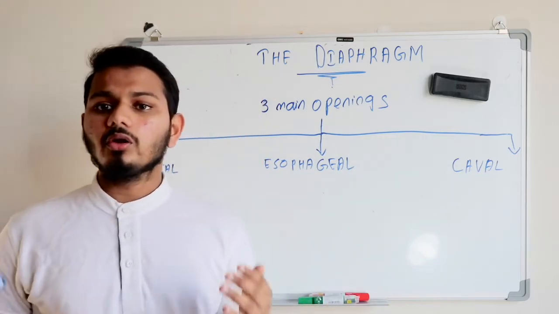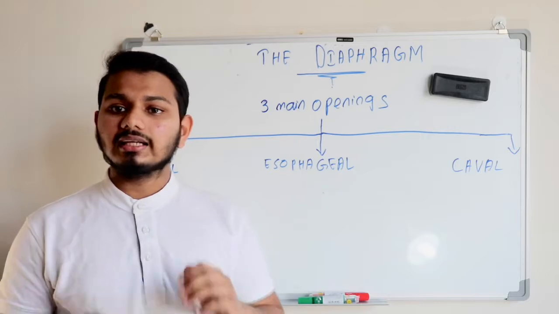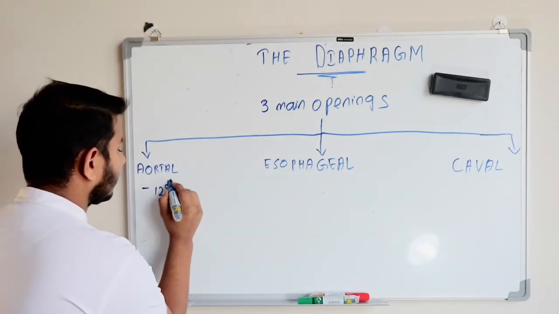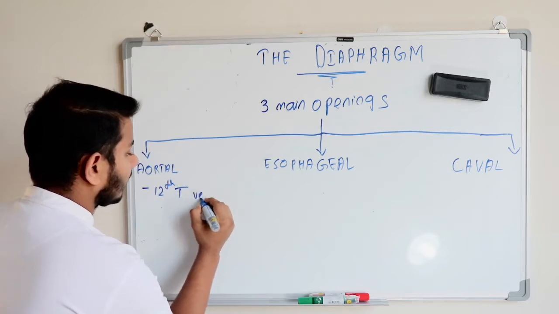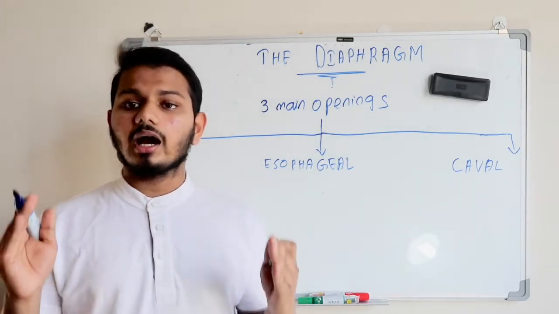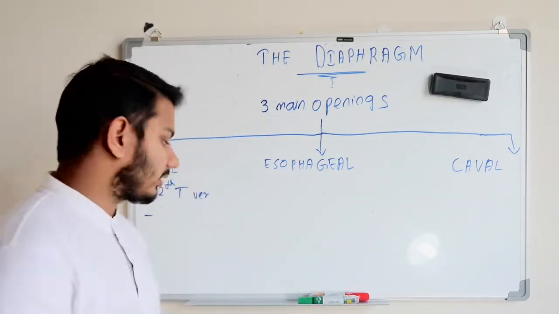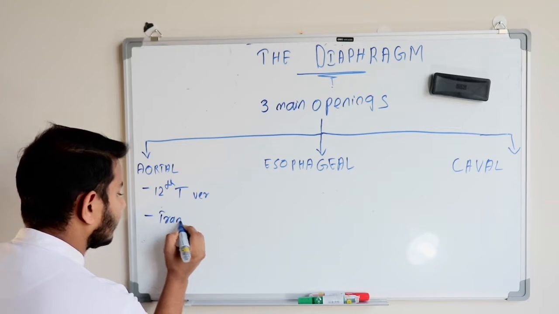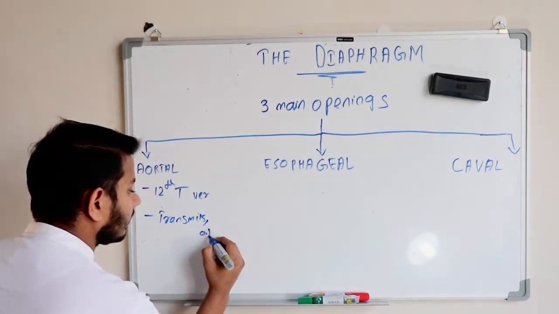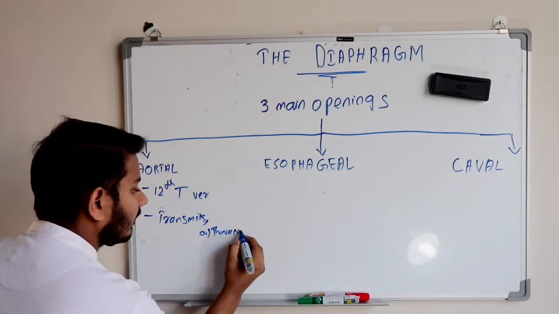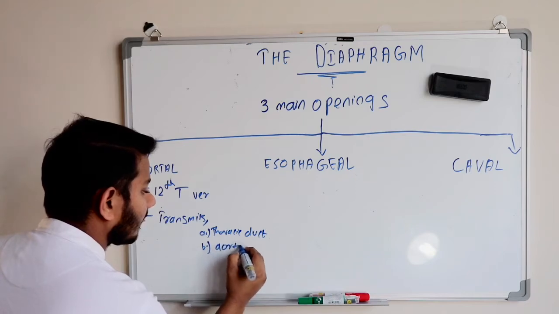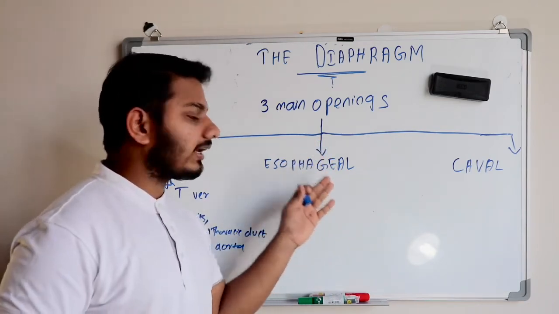The aortal opening lies at the level of 12th thoracic vertebra, and it transmits the thoracic duct and aorta.